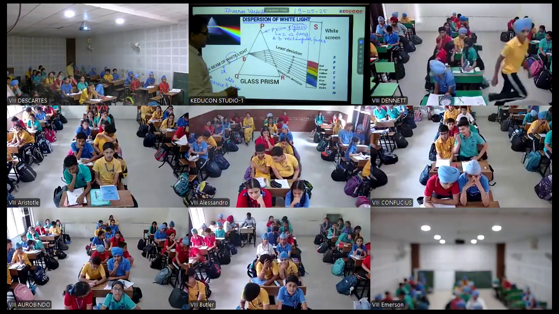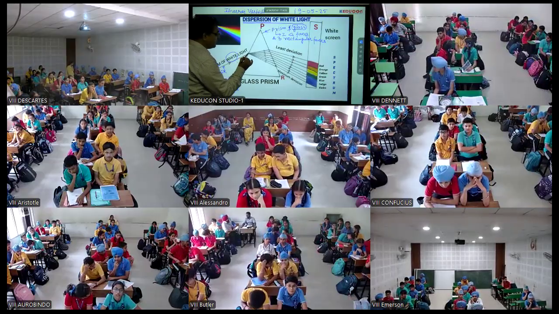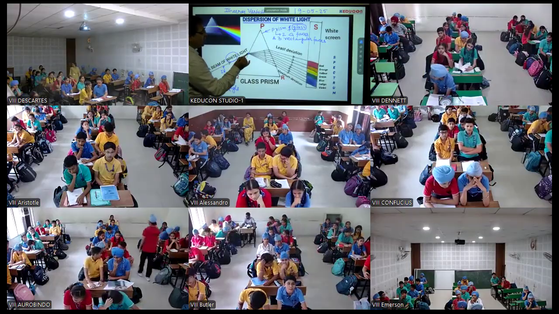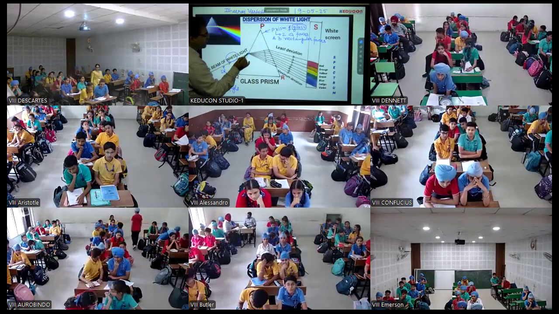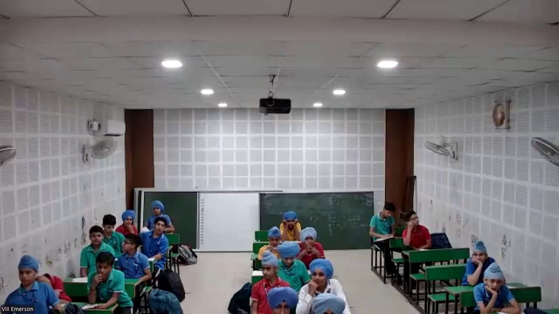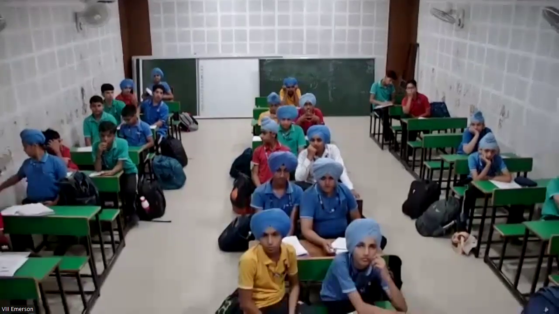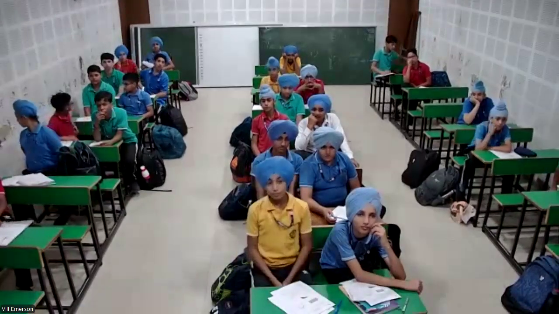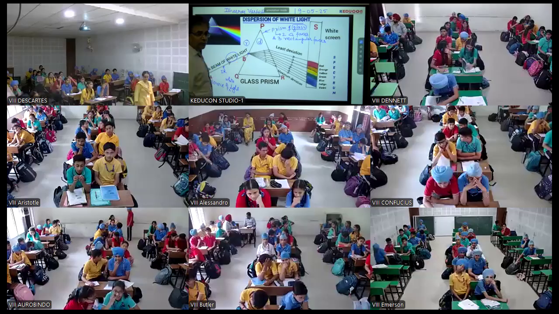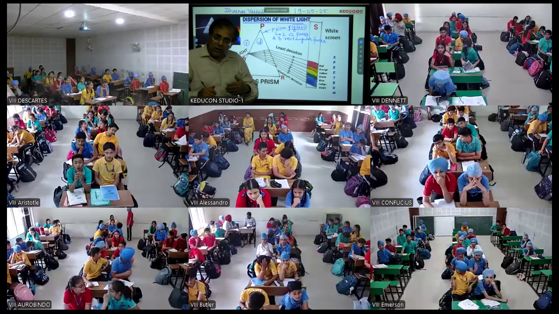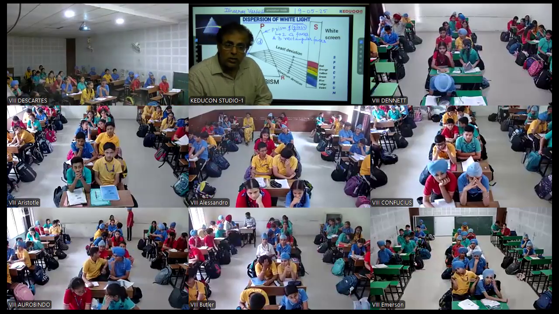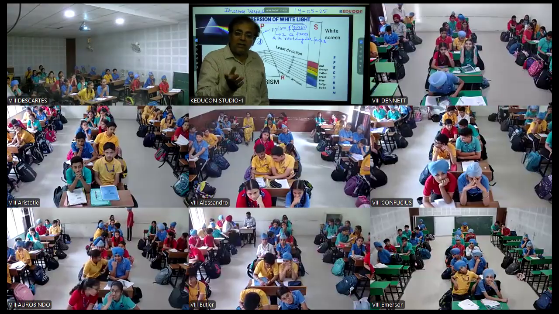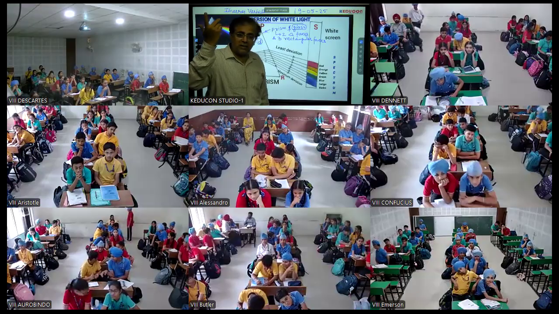Now you see better. Everybody please be attentive. This incident ray is falling at this point, and this point on the edge represents the point of incidence. On one side of the point of incidence, there is rarer medium, but the prism being of glass, it is a denser medium. If in one class I asked my students, can you define the denser medium? The student said, sir, whose density is higher is denser medium.